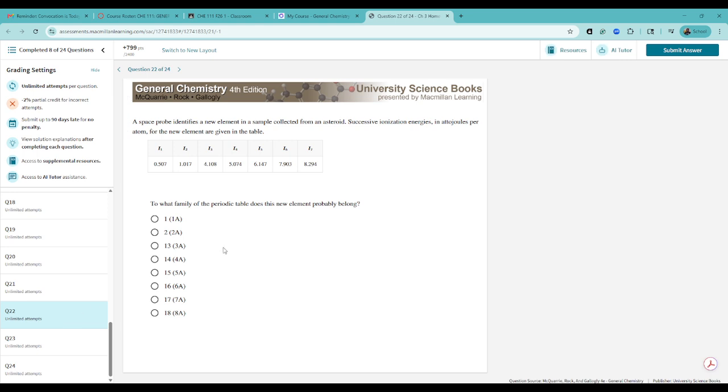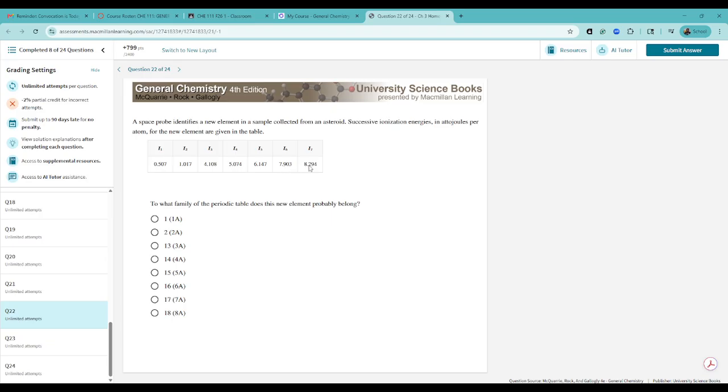Okay, we're going to look at this one. So, a space probe finds a new element. Here's the ionization energy. So we're looking, where's the big jump? We go 0.5 to 1. That's a small jump. Then it goes from 1 to 4. That's a pretty big jump. And then 4 to 5, 5 to 6, 6 to 7, almost 8.